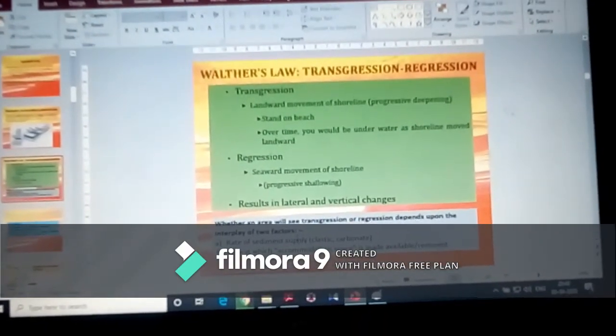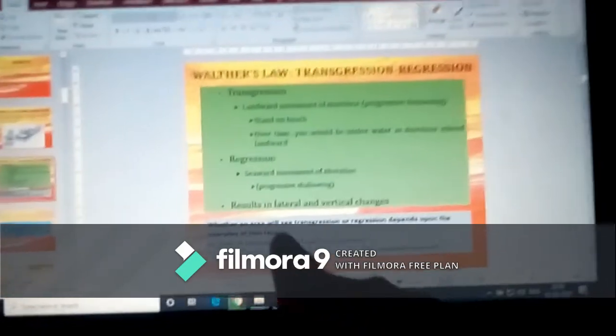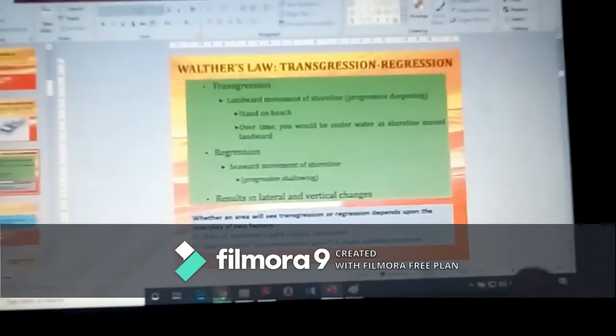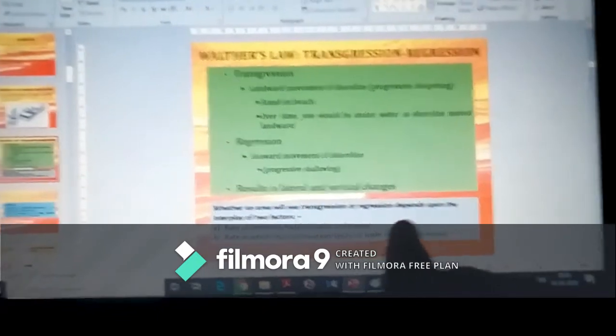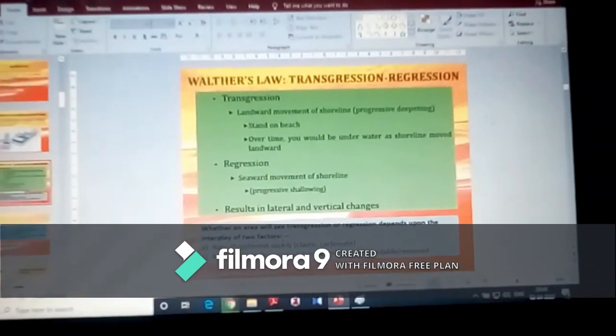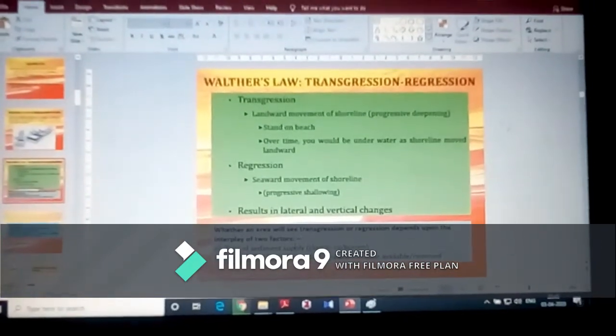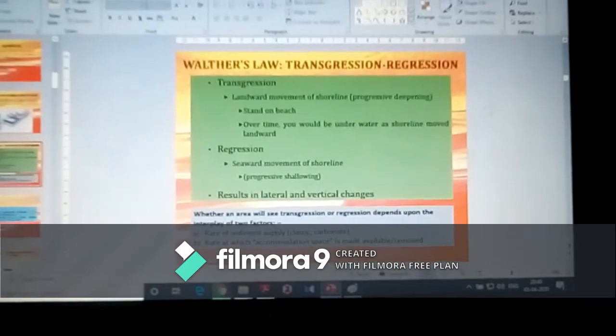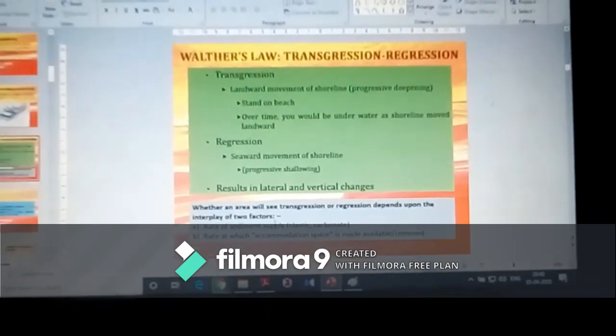There will be no supply of sediment or very little supply of sediment, in terms of nature, but there is lots of accommodation space. That means your supply is poor compared to the accommodation space.